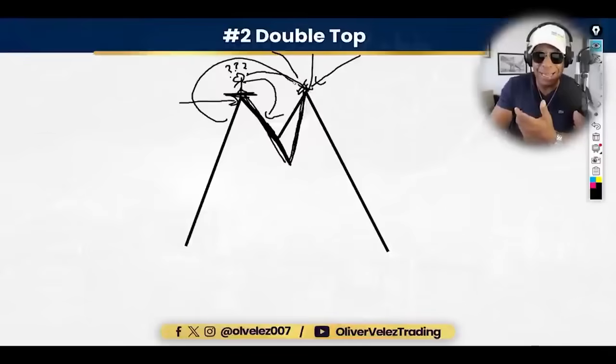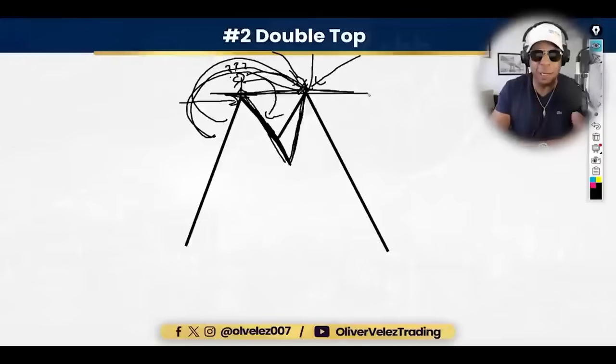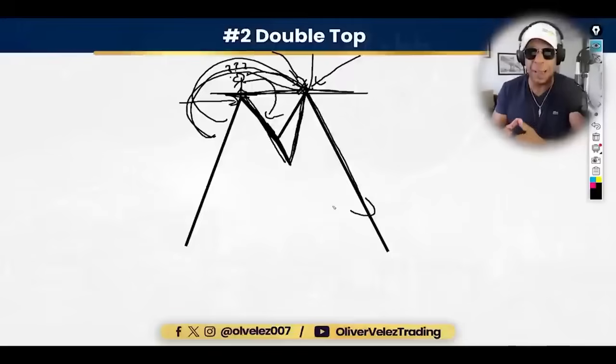So these people begin to sell, causing what's commonly referred to as a double top, and the collapse happens from here. This will be your most common top.